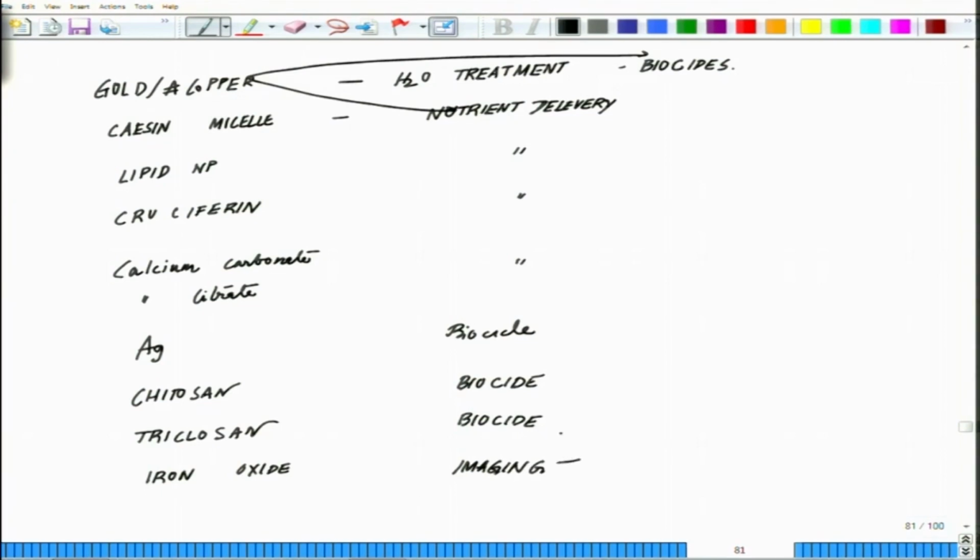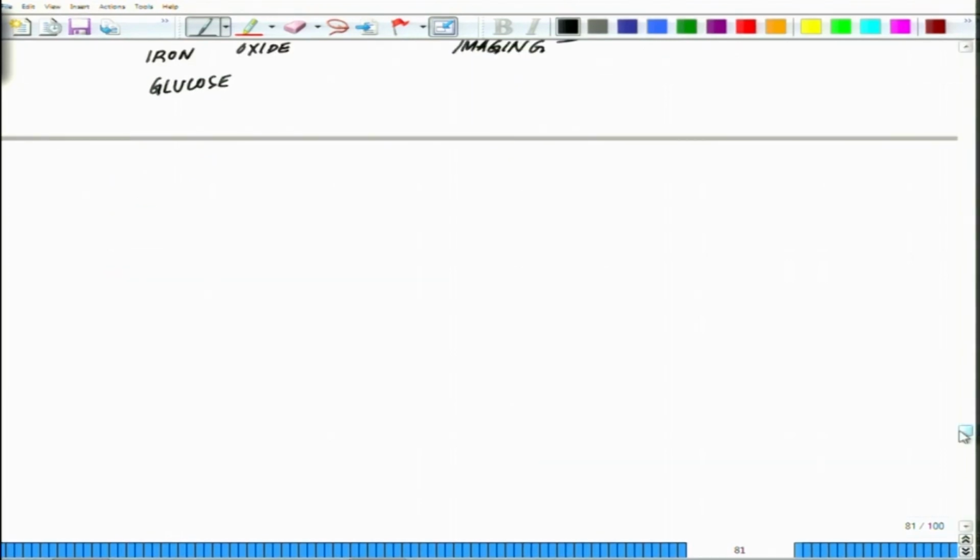Then you have carbon, that is glucose and sucrose derived nanostructures. These are used for different kinds of drug delivery systems, and at times as a capping agent in different kinds of nanomaterials.